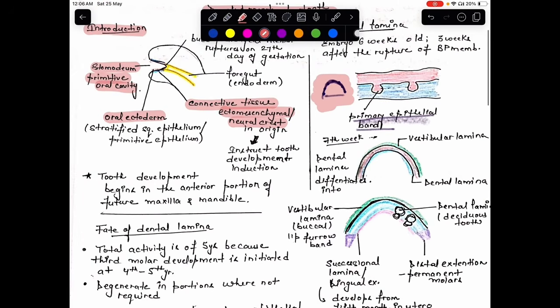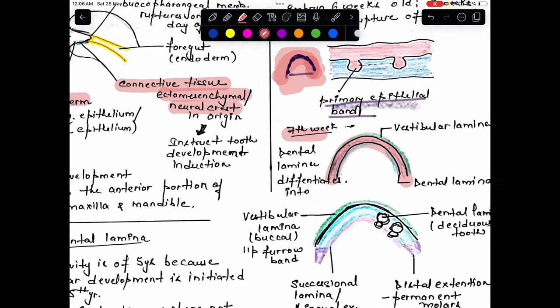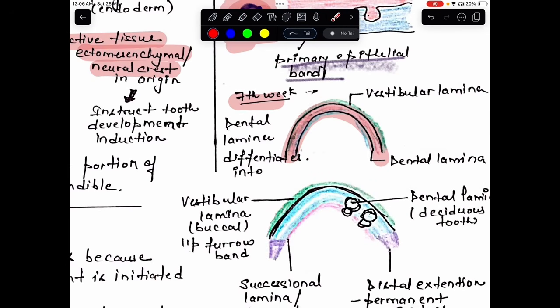Now, in the seventh week, I have shown this, the dental lamina, which is present in this horseshoe area. Now, in the seventh week, what happens is that this outer portion of the dental lamina proliferates into the vestibular lamina. Okay, this differentiates into something that is called the vestibular lamina, and the inner, the lingual portion proliferates into the dental lamina.